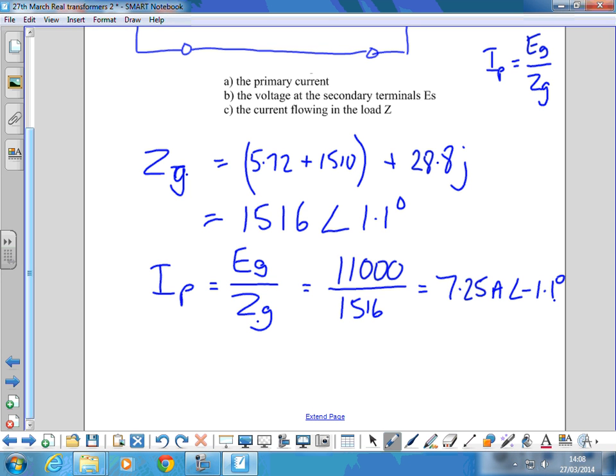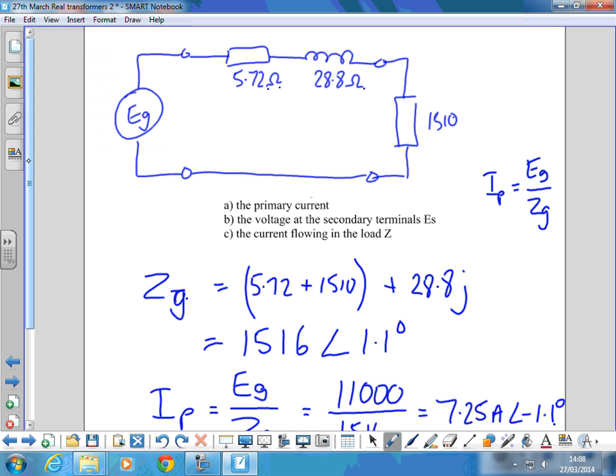Okay. So, how do I get the current flowing in the load? I now know that I've got a primary current of 7.25 amps.